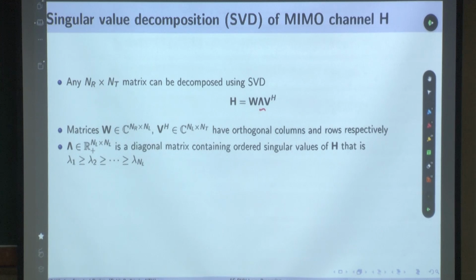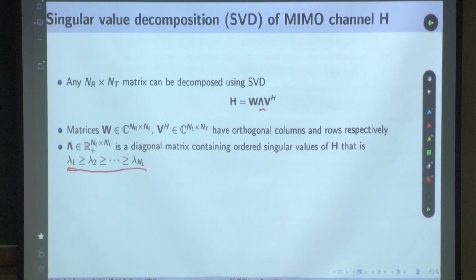And how are they arranged in this decomposition? The first singular value is the largest, the second one is the second largest, and the last one is the smallest singular value. So they are arranged in decreasing order. And how many such singular values are there?